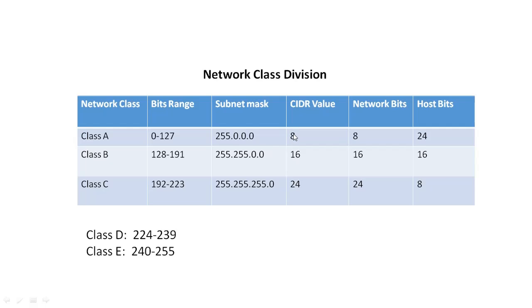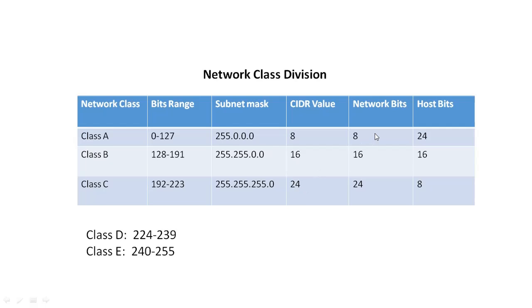Similarly, the CIDR value for Class A is 8. If you ask why the CIDR value of Class A is 8, it's because it allocates 8 bits for the network bits. That's why the CIDR value is 8. So the CIDR value for Class B is 16 and Class C is 24.